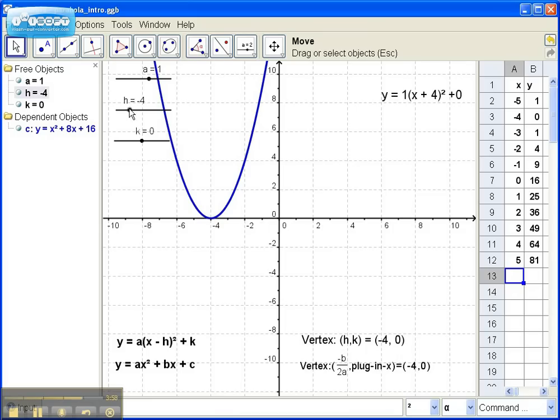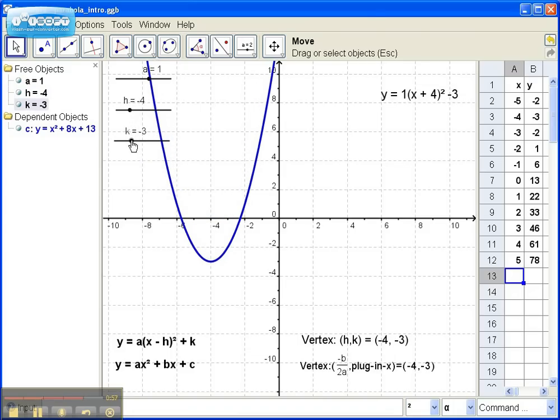Any combination I want to do with these h and k's will tell me the equation and also where the vertex is. So if h is negative 4, k is negative 3, that looks like the equation x plus 4 squared minus 3. That will have vertex at negative 4 and negative 3. So just the h and k value right there.